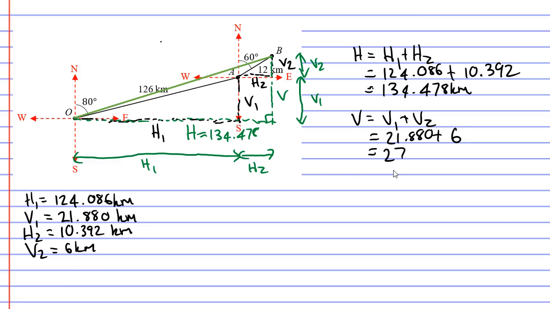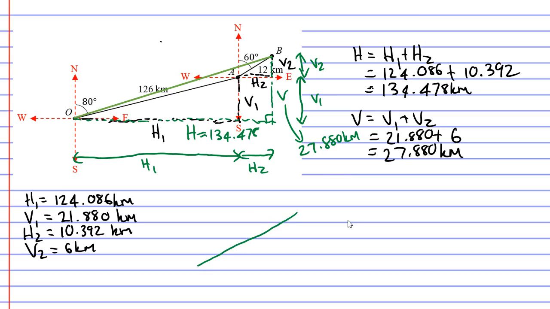So for this one we get 27.880 kilometers, and that is what our green V value will be, 27.880 kilometers.